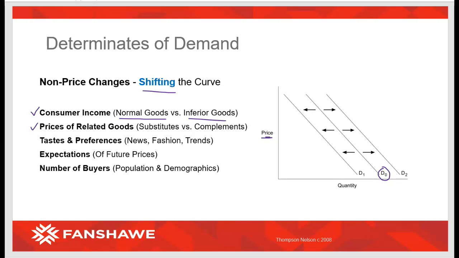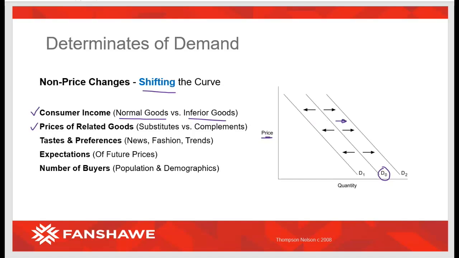If hot dogs go on sale, then we will buy more hot dog buns. The demand will shift to the right. If hot dogs start getting really expensive for some reason, then we will buy less hot dog buns. So those are complements, and they move opposite to the price change in the related good.